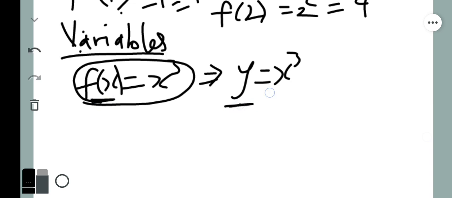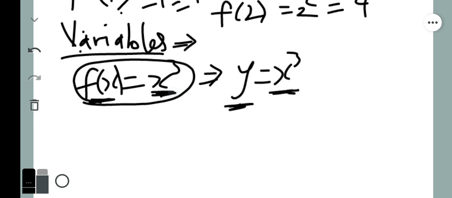Now, we already defined variables as anything that can take any numerical value. In this case, y is a variable, which is the same thing as your f of x, and x raised to power 3 is also a variable. Can you see it now?